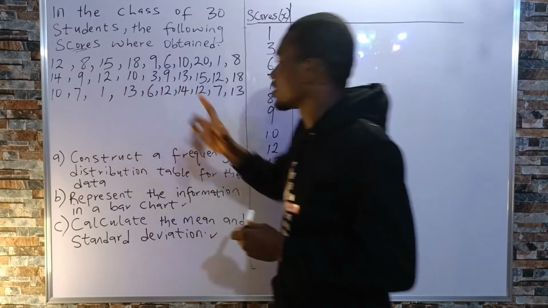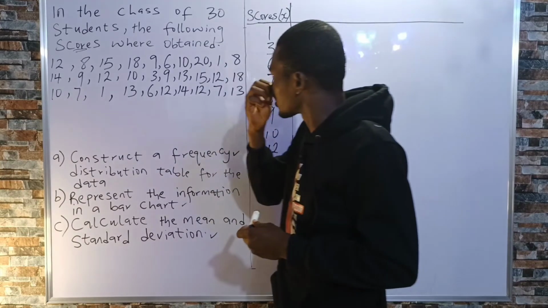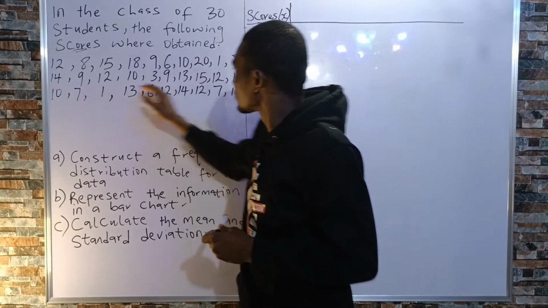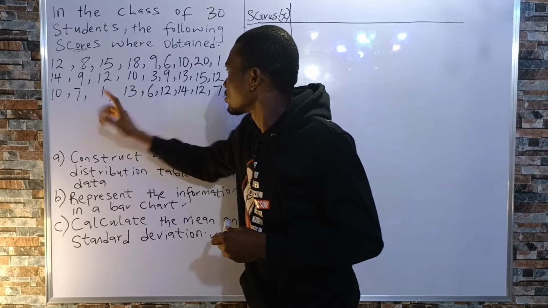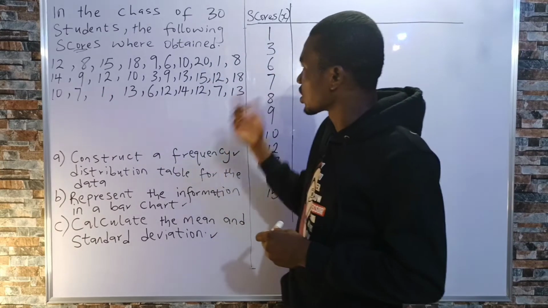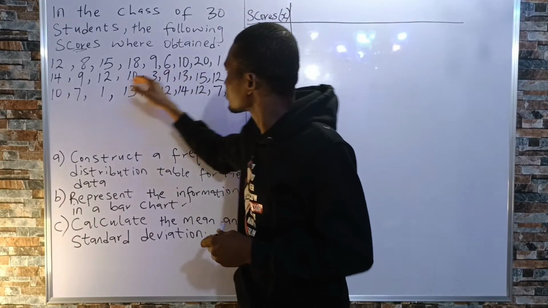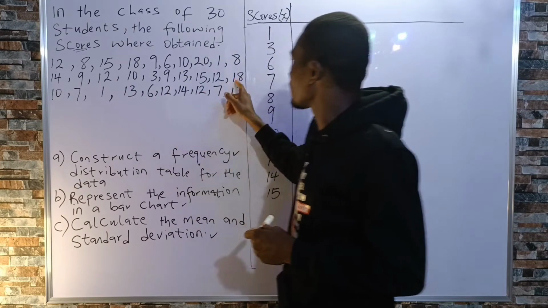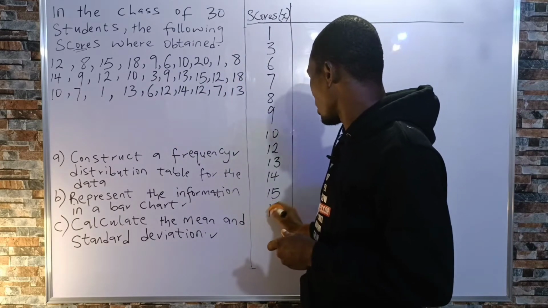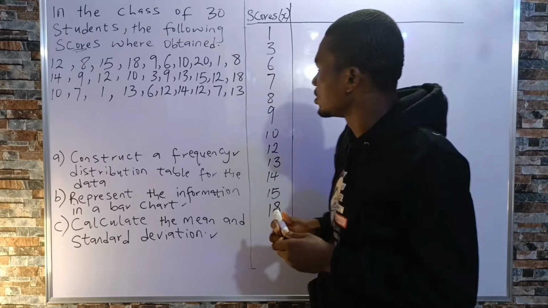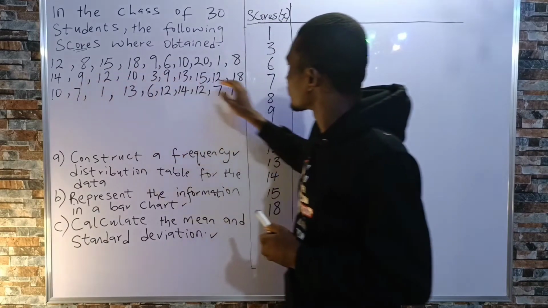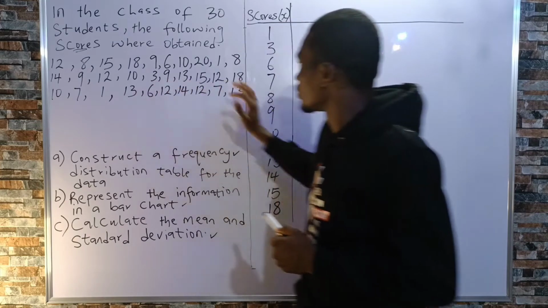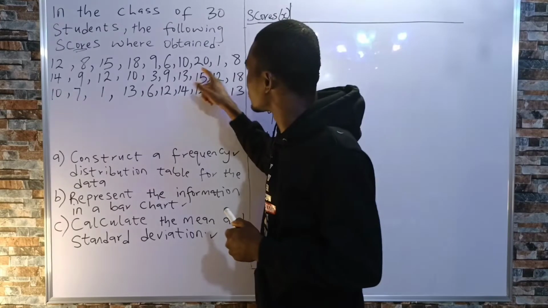I guess we don't have any 16 here. We check for 17. We still don't have 17. We check for 18. We have 18 here. Then we check for 19. I guess there is no 19. Then we check for 20. We have 20.